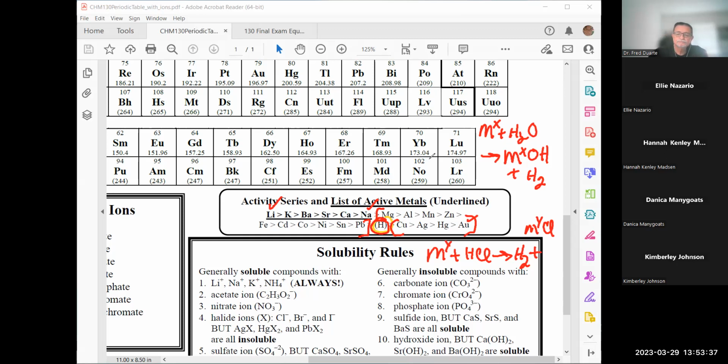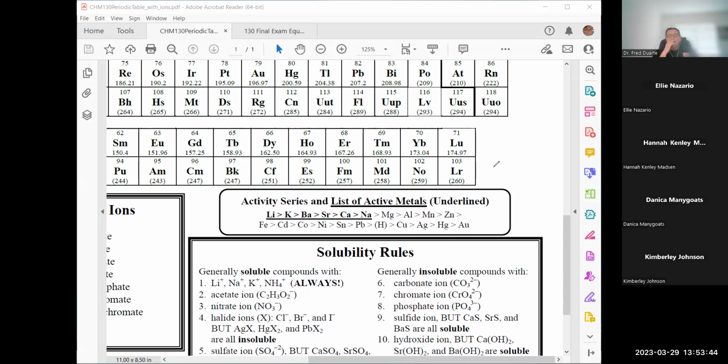Now, let me clear up my mess here. When we look at a reaction, we find the position of the metals relative to each other and determine which of the two metals is most reactive.